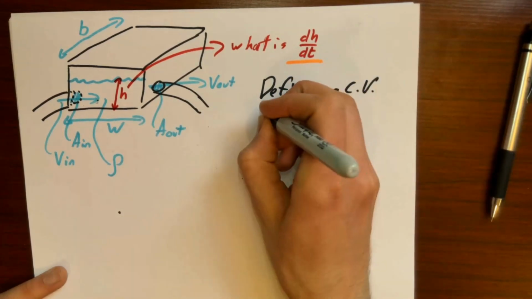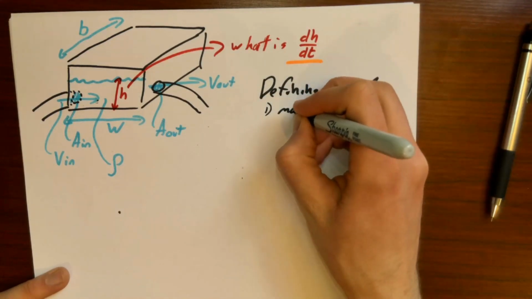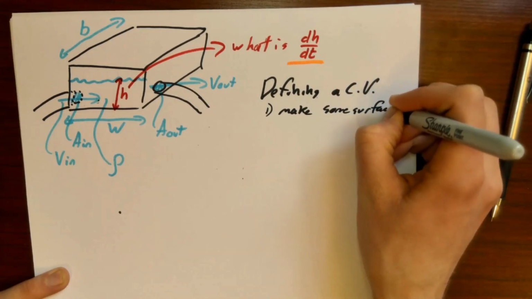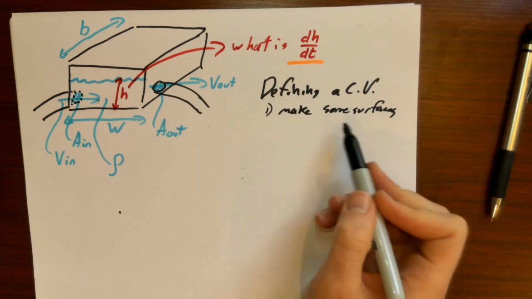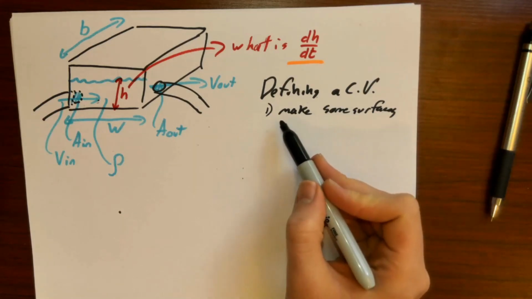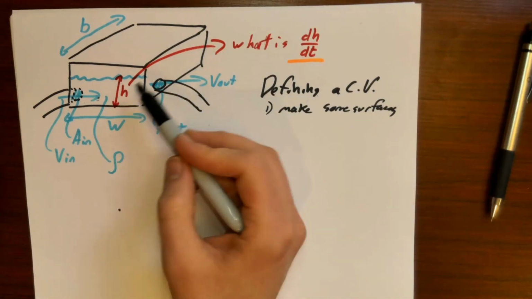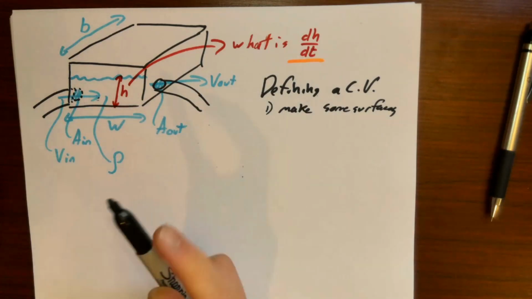a control volume is, one, in general, you want to make surfaces of your control volume coincident with parts of the surface that you have the most information about, or parts of the surface that you're looking for information about.